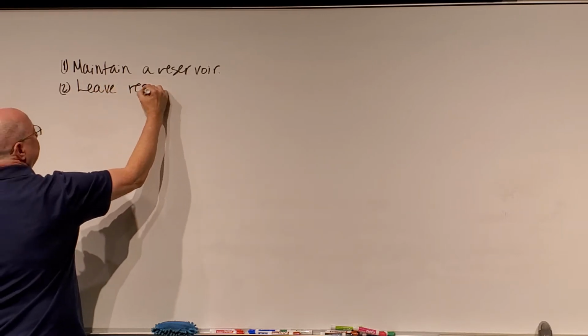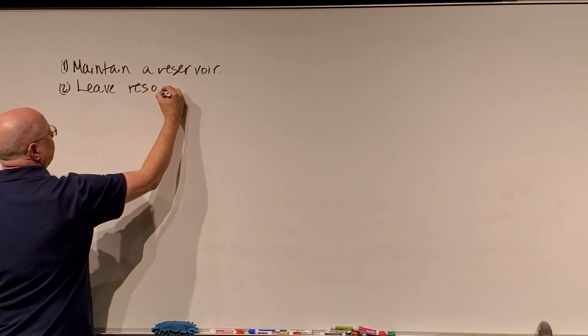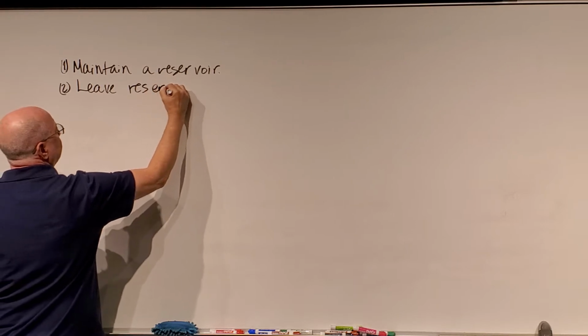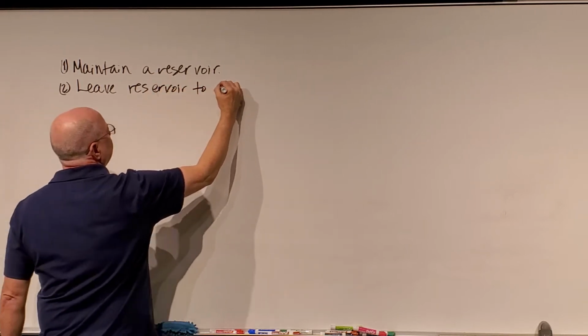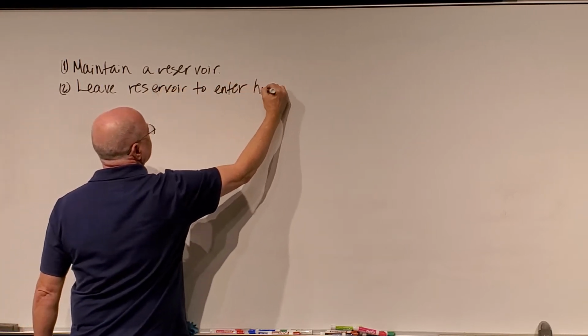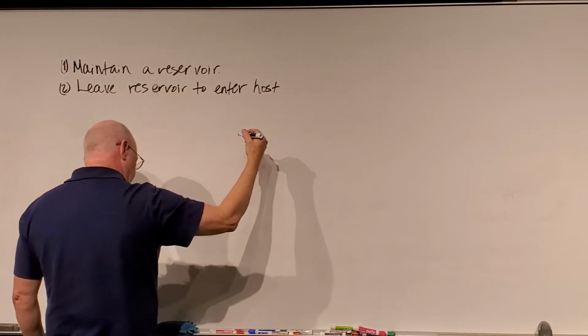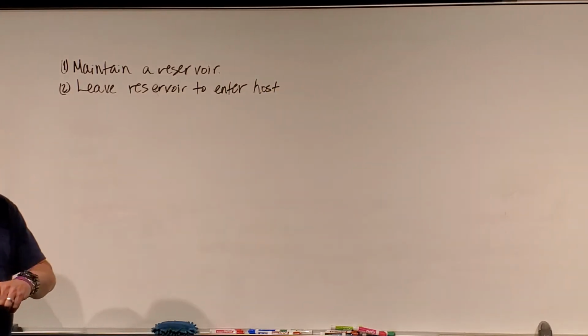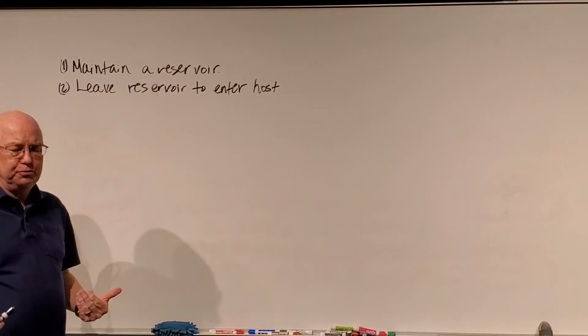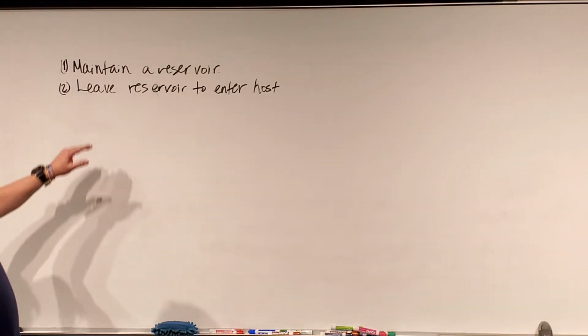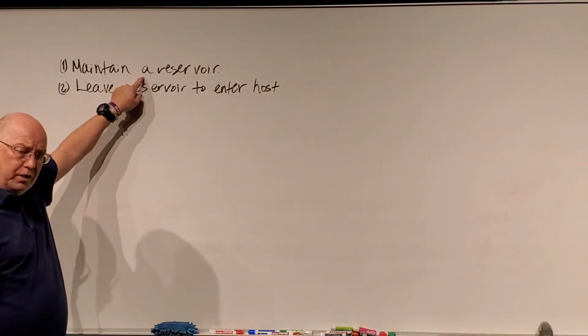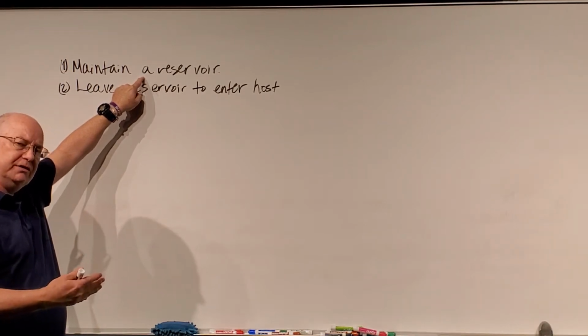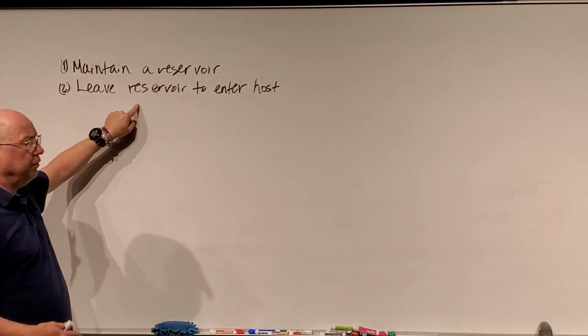Then it has to have the ability to leave the reservoir to enter a host. Okay? And the host for us is the human body. So it has to have the ability to maintain a reservoir, a place where it will live when it's not causing the infection, or between infections.